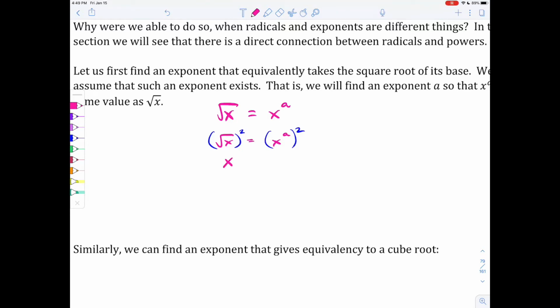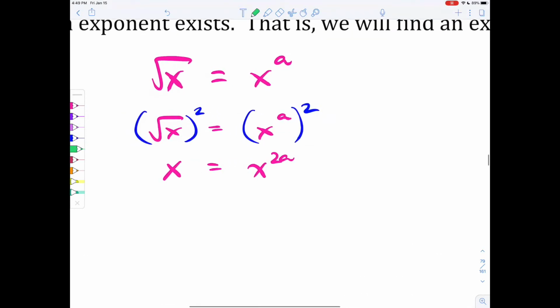On the right side, by the power laws, since we've got a power of a power, we're going to multiply those exponents so that I have x to the power of 2 times a, or just 2a. Now, worth noting is that the exponent on the left is a 1.